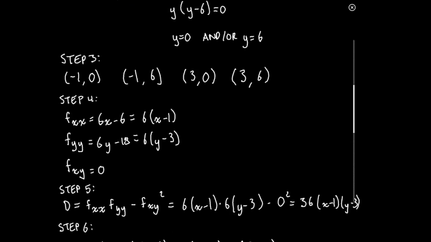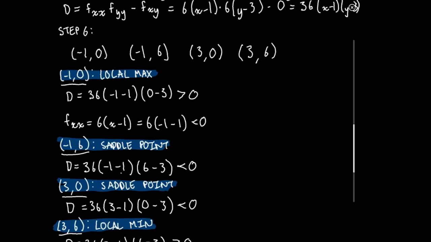Then we found each possible point by combining those x and y values. Then for step 4, we found the second partial derivatives. For step 5, we calculated the Hessian determinant by using this equation. That should be fairly easy to remember.